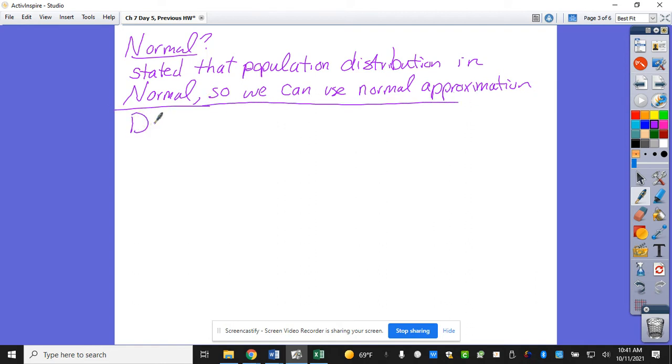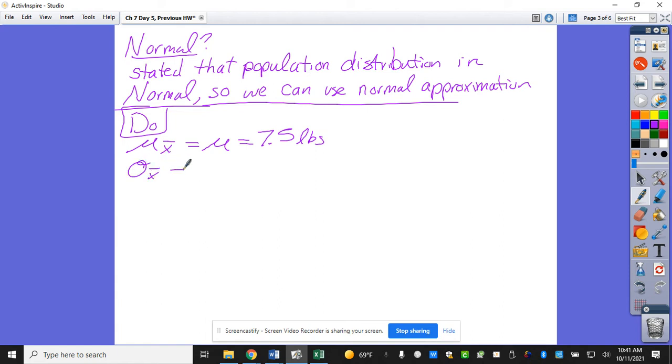All right, so now I'm going to do. What's the first thing I do for do? Equals mu, which in this case equals what number? And what are our units for this one? Pounds. So I've got mean. Now I'll go straight to what? Standard deviation.